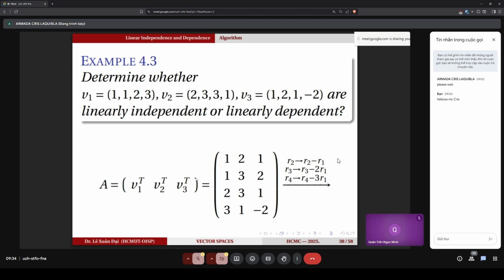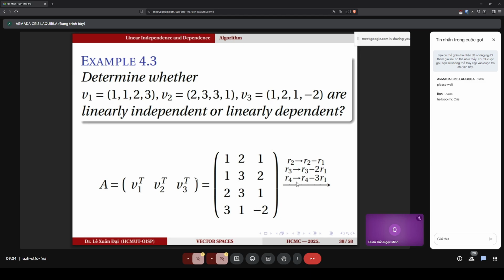Make those zeros. So we multiply -1 in row 1. This is 1 already, so it's okay. Multiply -1 in row 1 and add row 2 to get the new row 2. So just subtract it here. We have 0, here 1, and then 2 minus 1, 1. So it's 0, 1, 1.